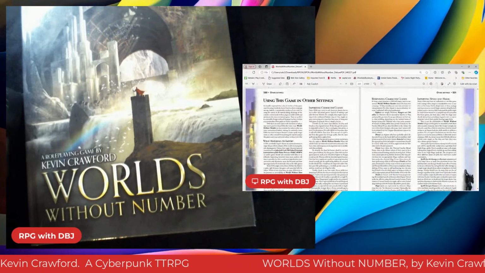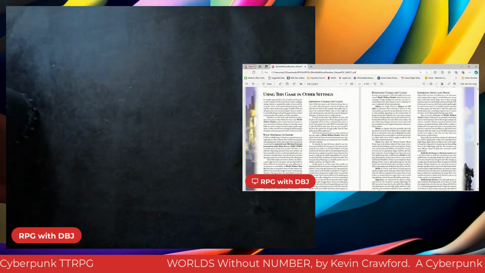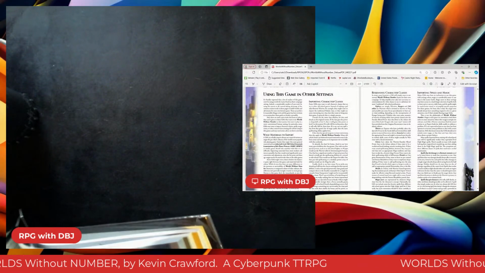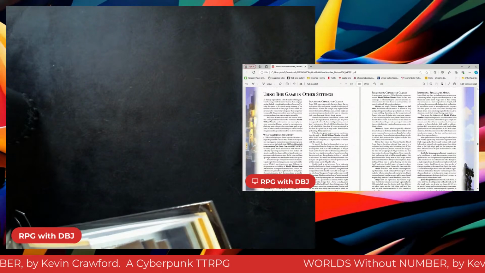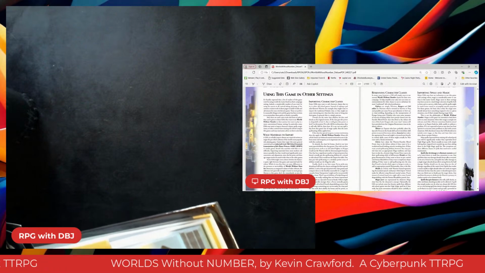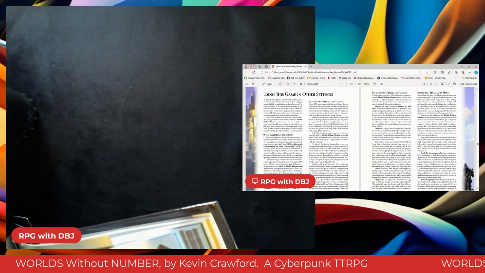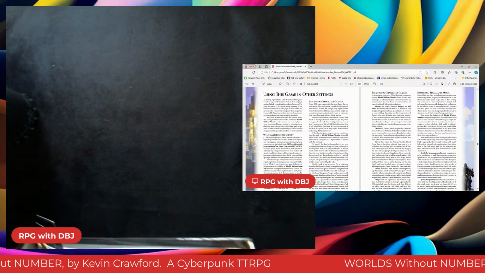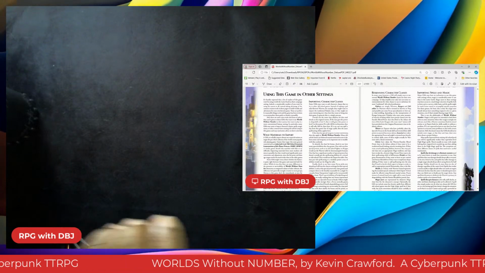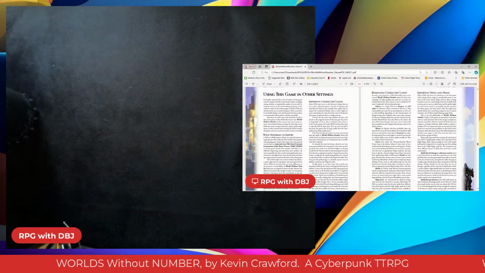And then using this game in other settings. But let's see if we could hurry up. Do we want to get to the monsters? Wealth? Oh, no, you know what? No. We're not going to go towards... there's a ton of magic items, lists, and random things to make your magic items.